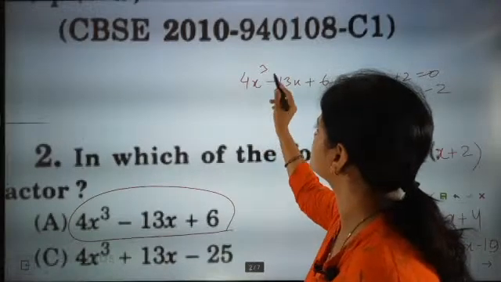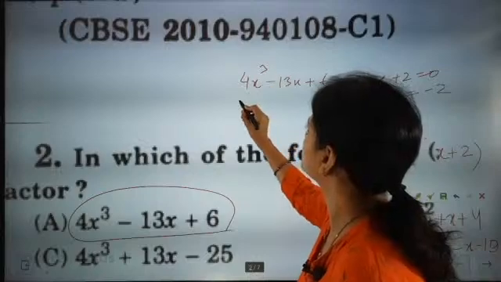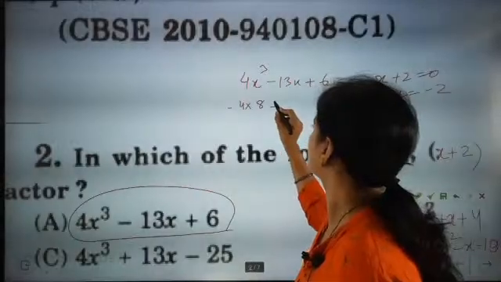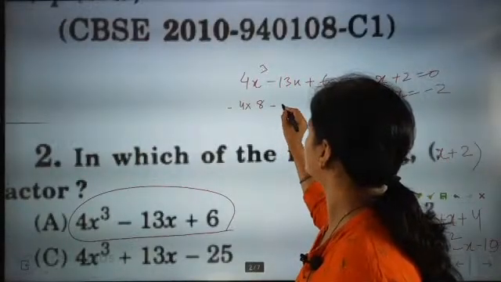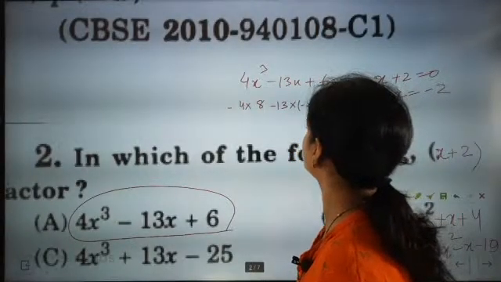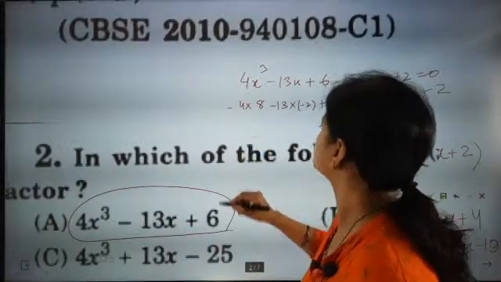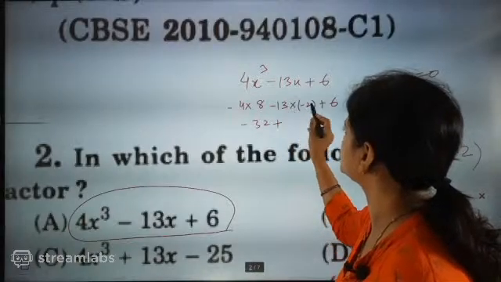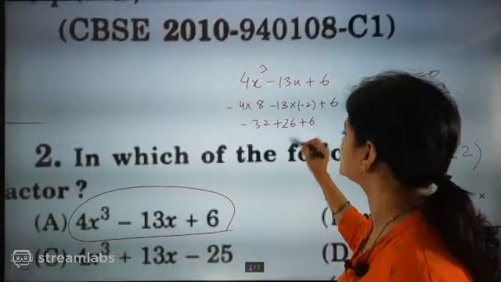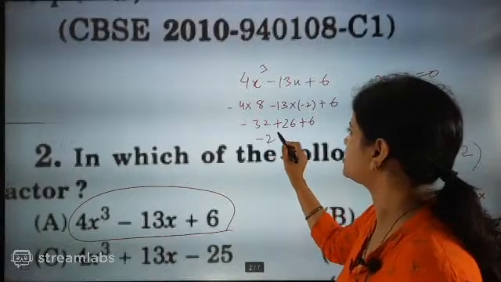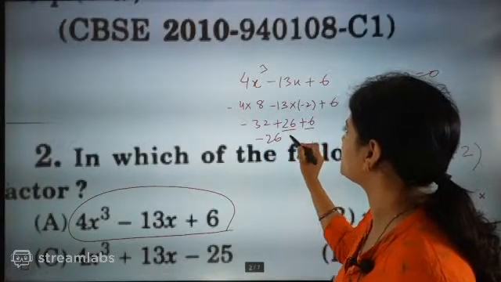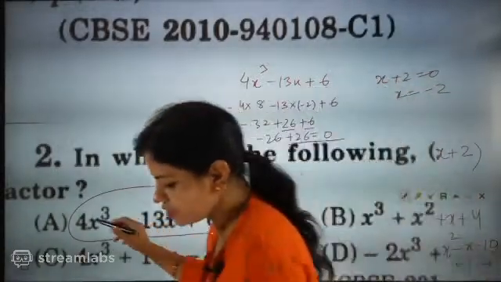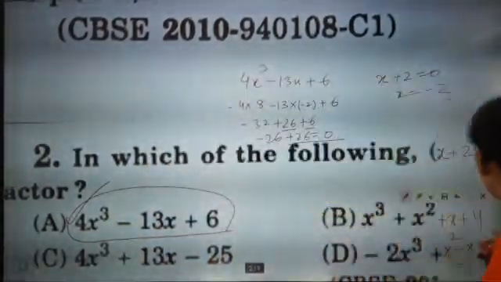It is going to be 4 into minus 2 cubed, minus 8, so minus 32, minus 13 into minus 2, plus 26, plus 6. Minus 26 plus 26 equal to 0. So the answer is absolutely correct. Now you are going on the correct track.